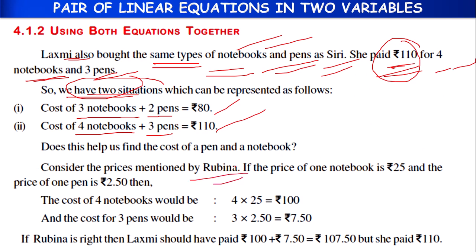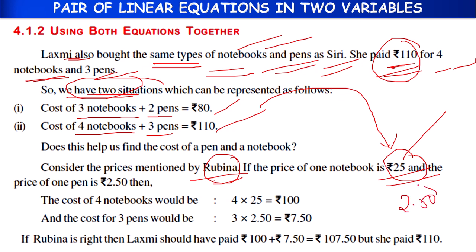According to Rubina's guess, one notebook is 25. Based on Siri's situation, she guessed one notebook costs 25 and one pen costs 2 rupees 50 paise.